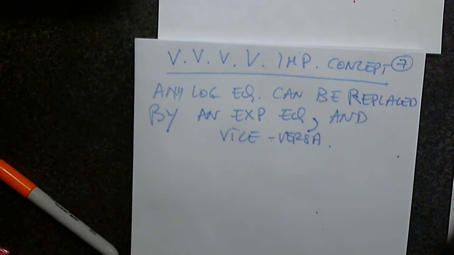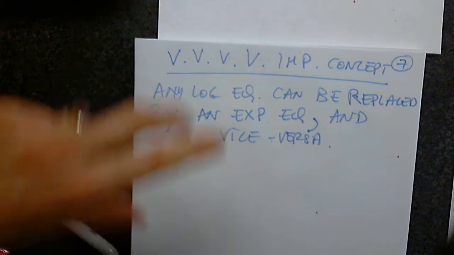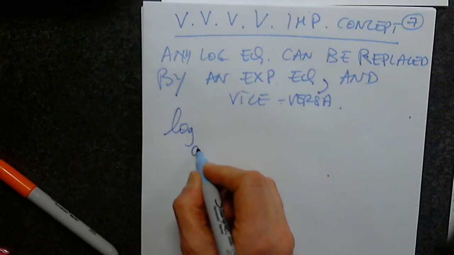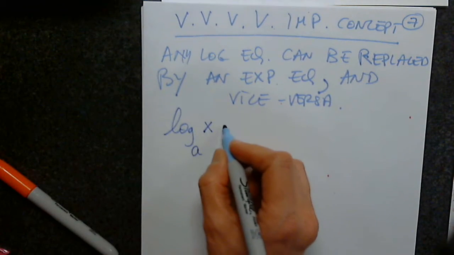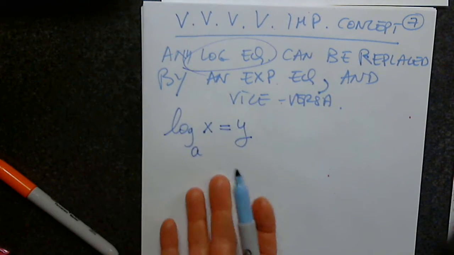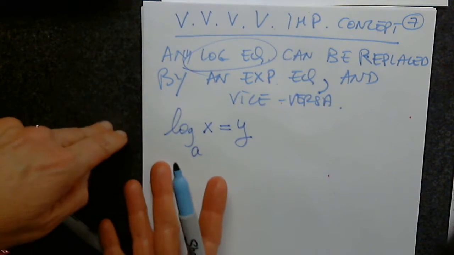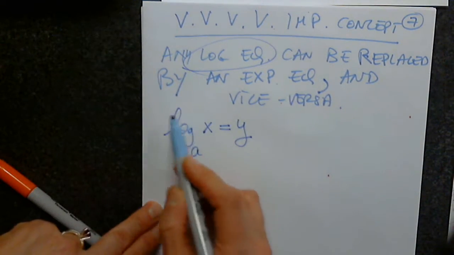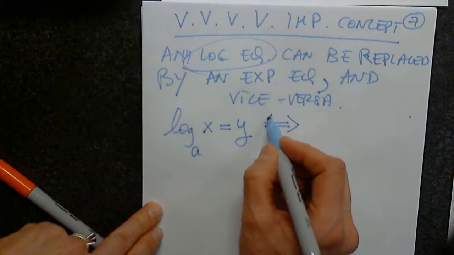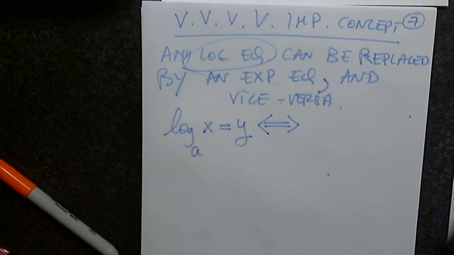This is plain English. Now in math, log base a of x is a number y. Is this a log equation? It has the left-hand side, it has the right-hand side, and it has a log in it. Now this is the double equivalency symbol. What does this mean? It means that your left creates the right.